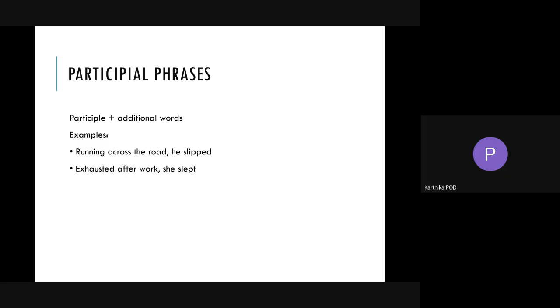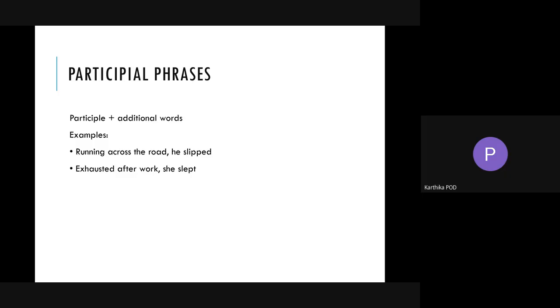So now, participle phrases. You have the participle here in the first sentence. What is the participle? Running across the road, he slipped. Running across the road. So that's a participle phrase.